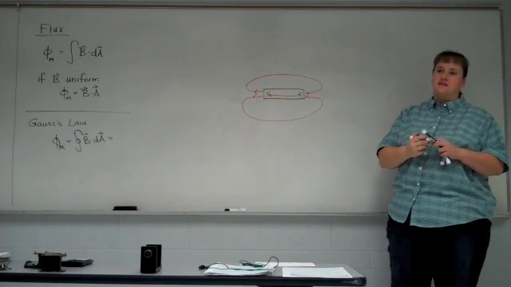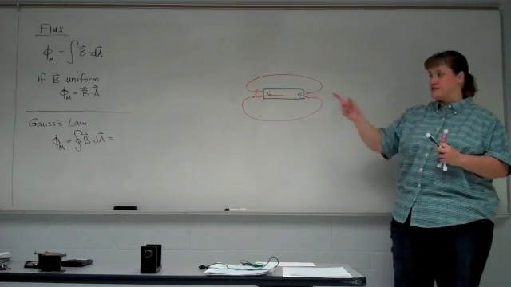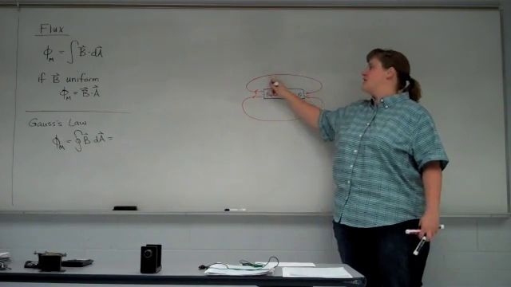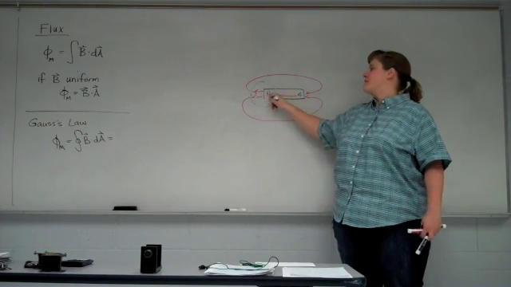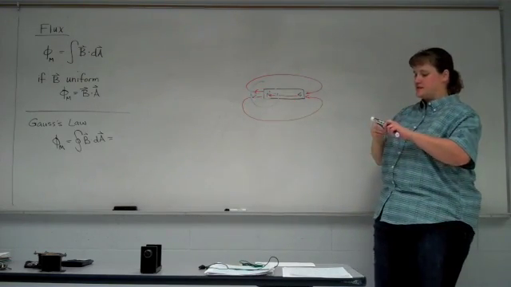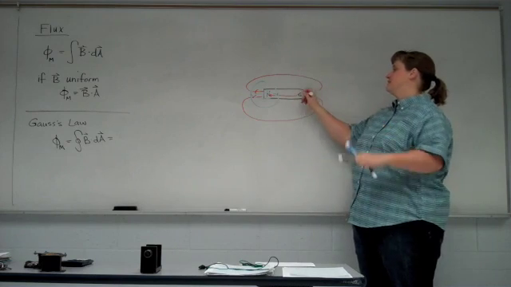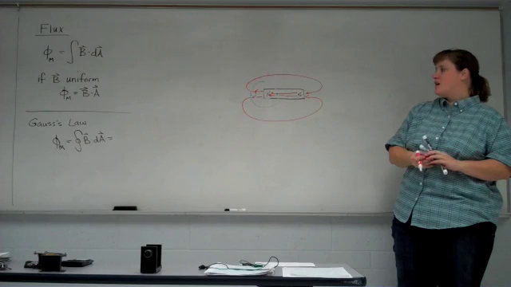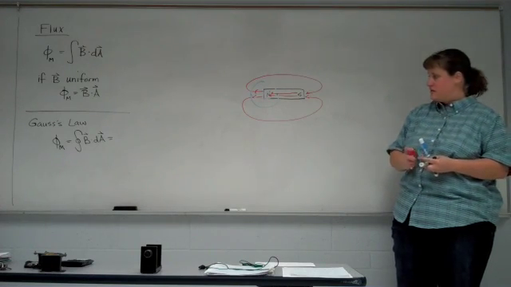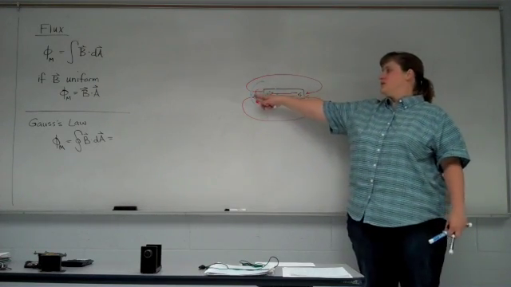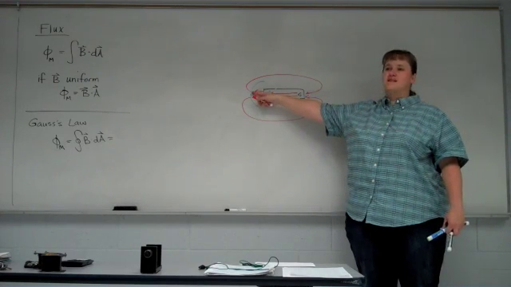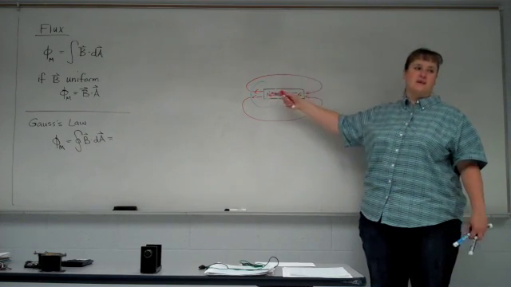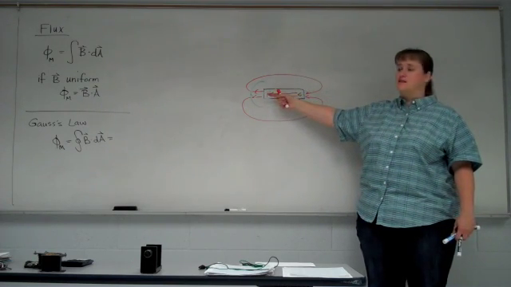If we draw some sort of imaginary closed surface, say, for example, a sphere, with the way I've drawn it, I have two lines coming out on this side, but those lines wrap around and come back and enter back in on this side.